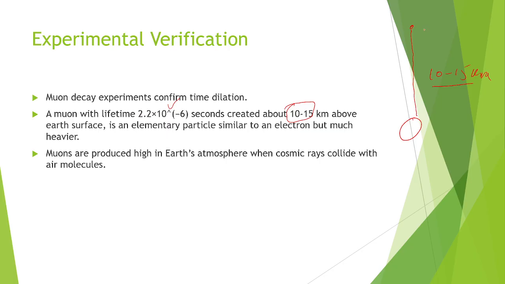It is falling toward the Earth because it is heavier than an electron, and it falls toward the Earth with a speed approximately the speed of light. Let's say it is falling toward the Earth with this speed.